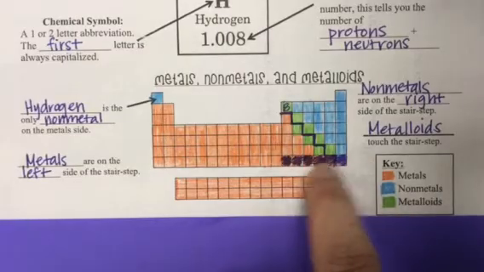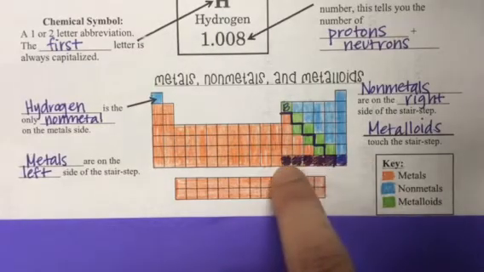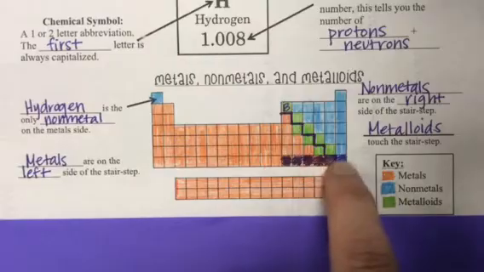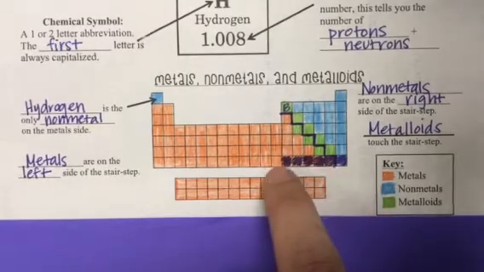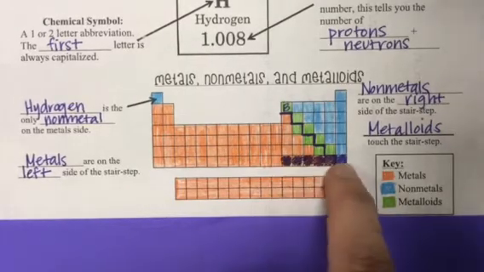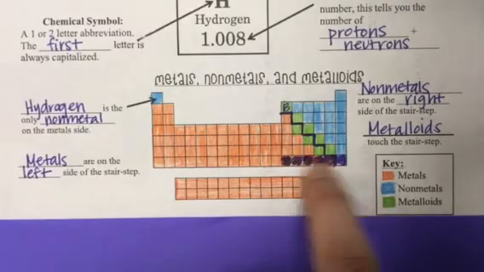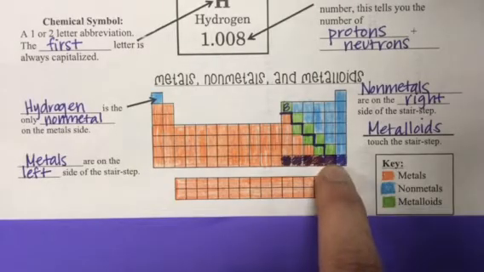Now, these I have blacked out because we're not going to have these elements on our periodic table for the EOG at the end of the year. So while these elements actually do exist, they're in your time tracker, I just have them blacked out as not needing to know them, okay?